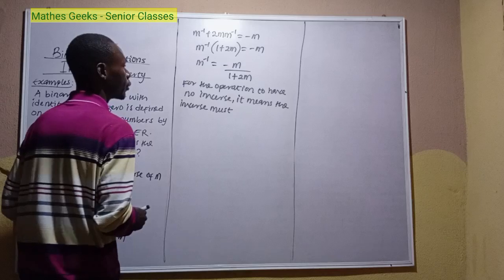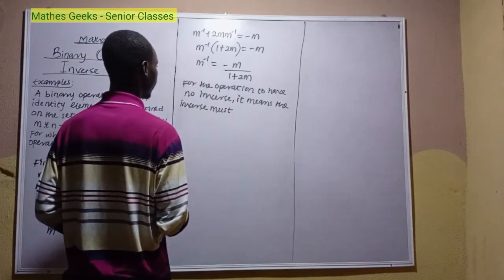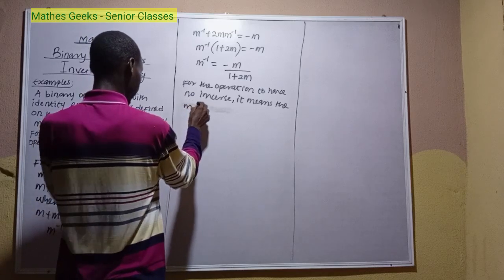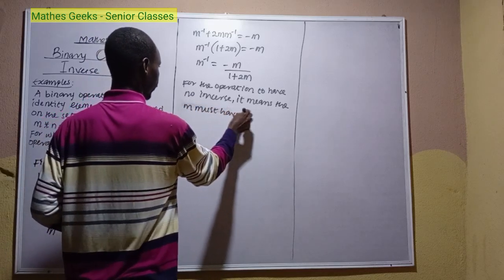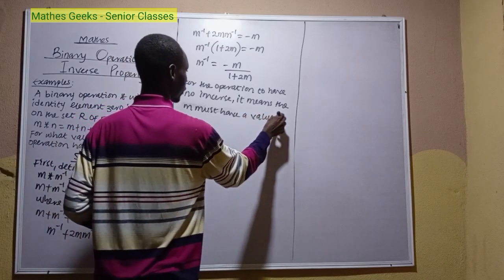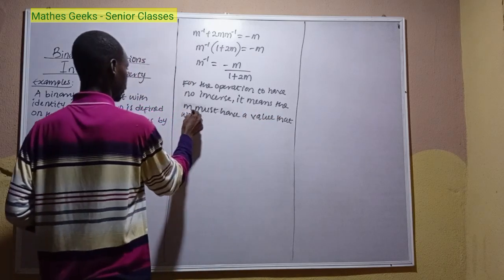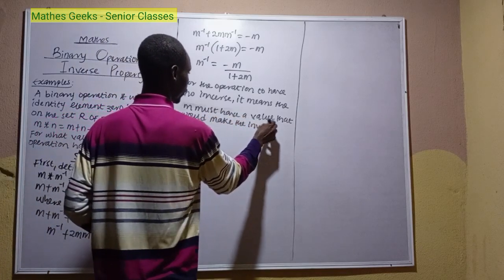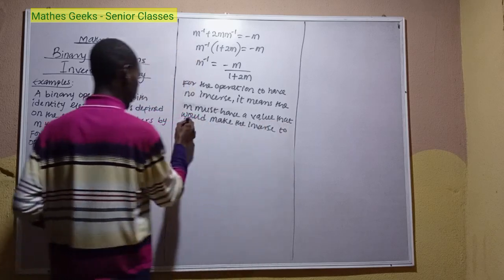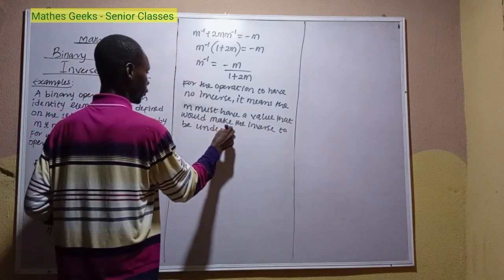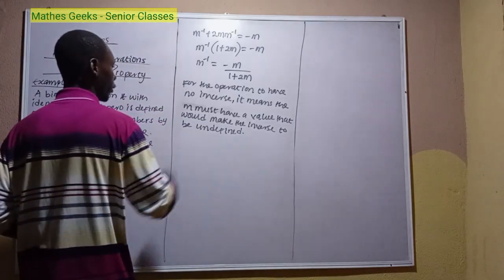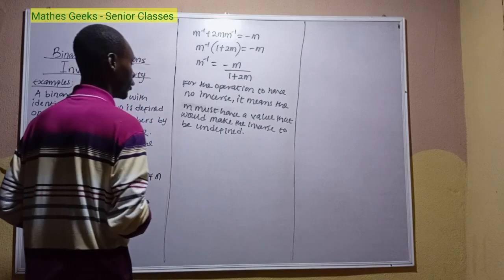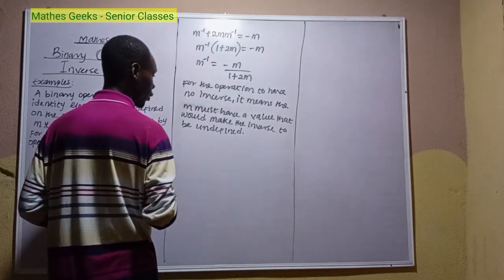It means m must have a value that would make the inverse undefined. So m must have a value that will make the inverse, minus m over 1 plus 2m, undefined, which means that the denominator must be equal to 0.